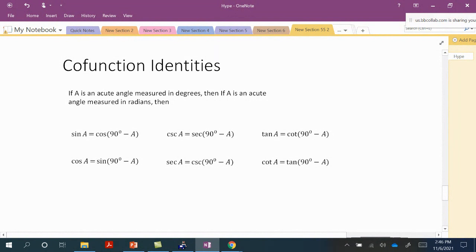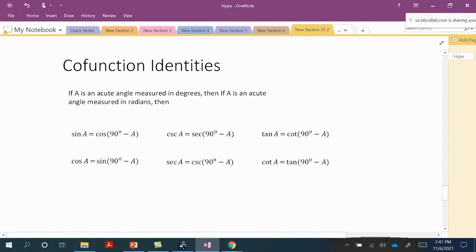Notice that the first formula says that the sine of A is equal to the cosine of 90 degrees minus A. The second formula says that the cosine of angle A is the sine of 90 degrees minus A, and so on and so forth. These are our cofunction identities.